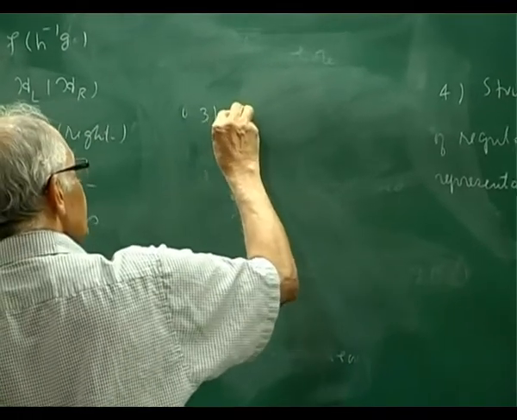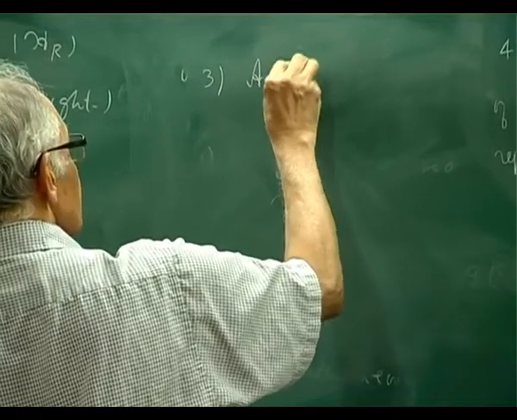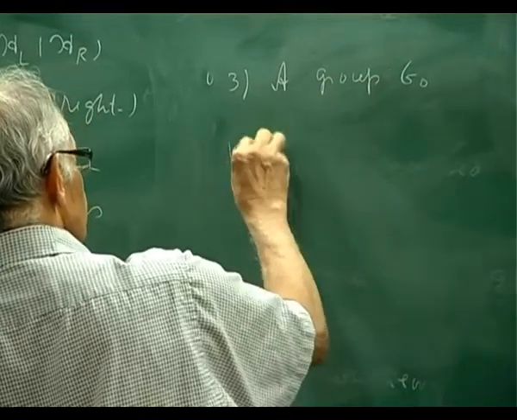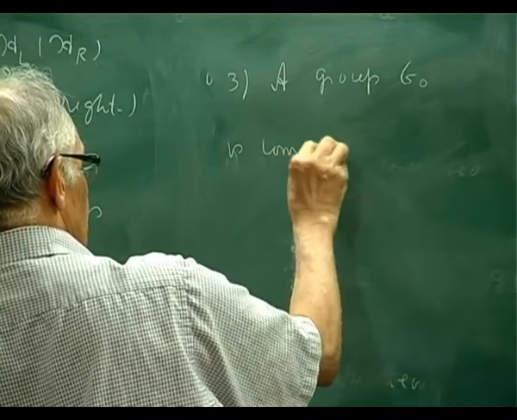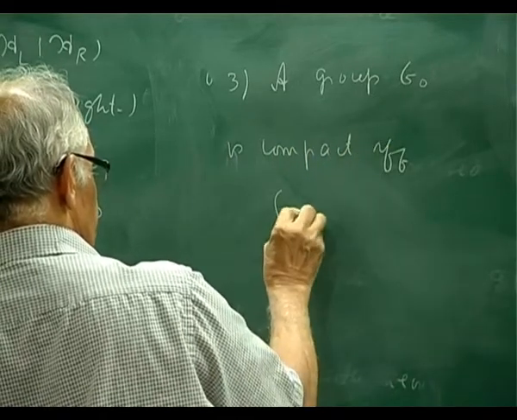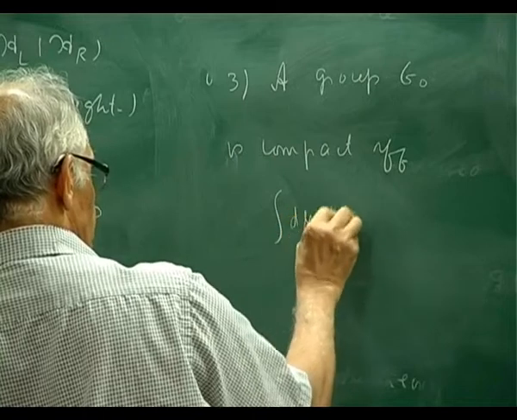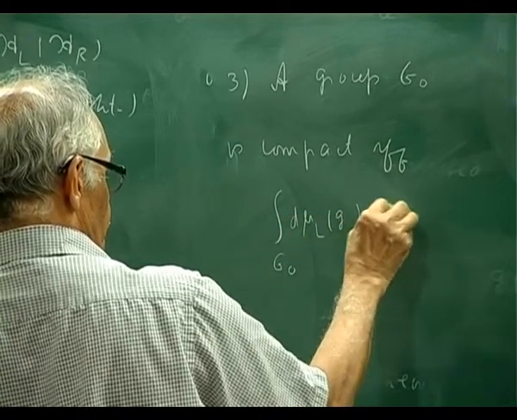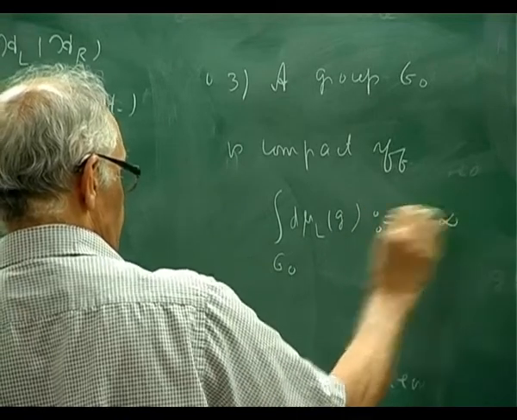Because a group G0 is compact if and only if, say, d mu L of G on G0, which I will call V, is less than infinity.